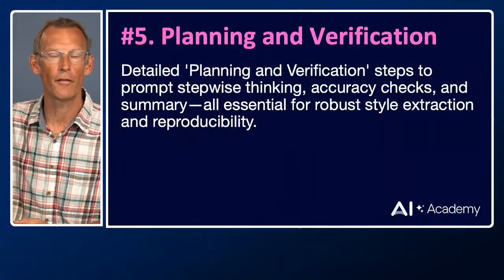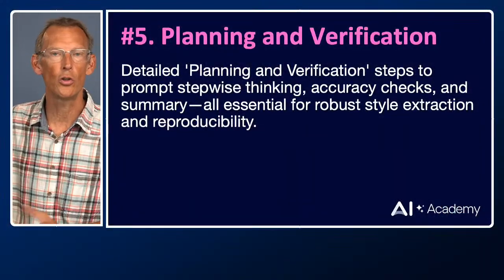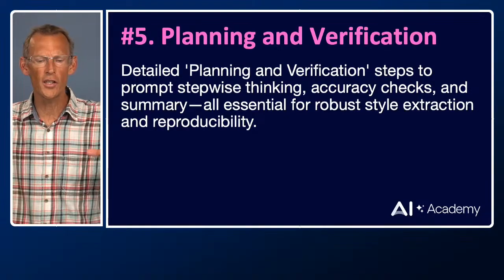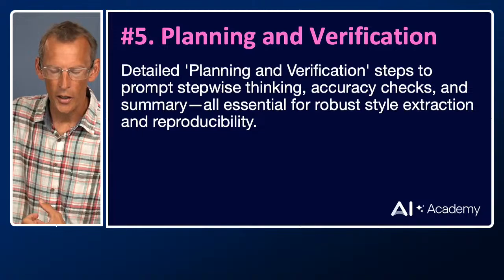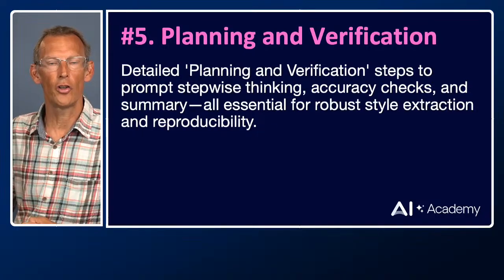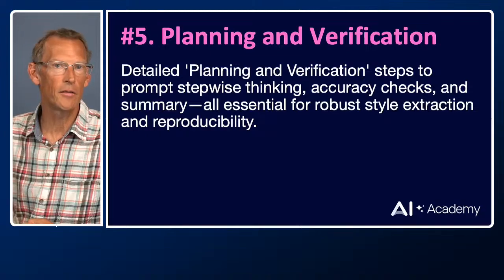But nevertheless, we can ask it to double check things and think things through. And that's the planning and verification. We can use that, for example, to further reduce or capture any possible hallucination issues. If you don't know what hallucination is, essentially that's a term in AI that means when a model gives you an answer that's wrong, but in a highly convincing way.